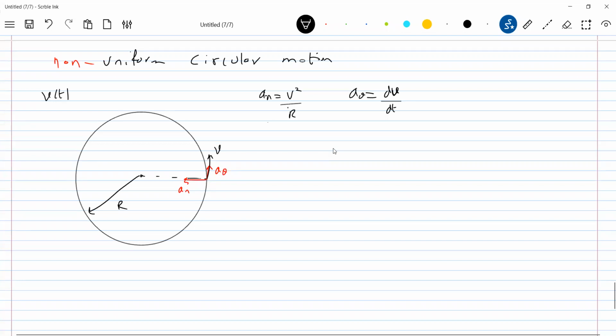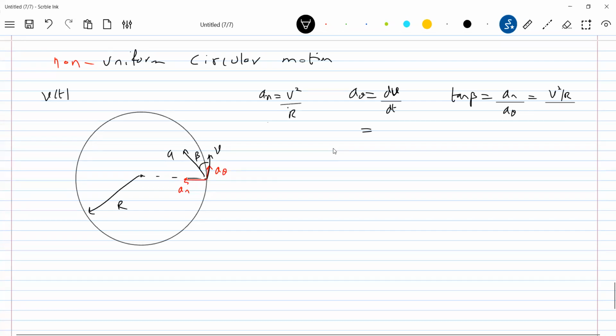The resultant acceleration, how will it be directed? Somewhere like this. And this total acceleration vector makes an angle with the tangential velocity. So what is tan beta? Tan beta should be equal to a n by a tangential. a n equals how much? v square by r. This is dv by dt. I'll write one more.